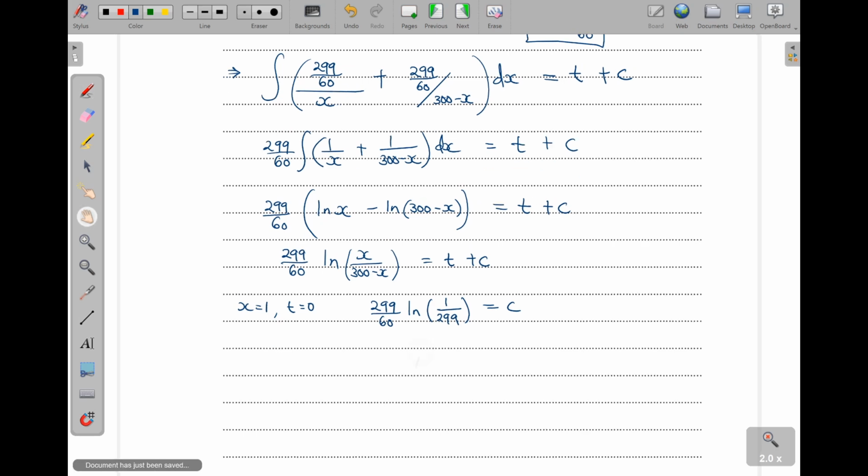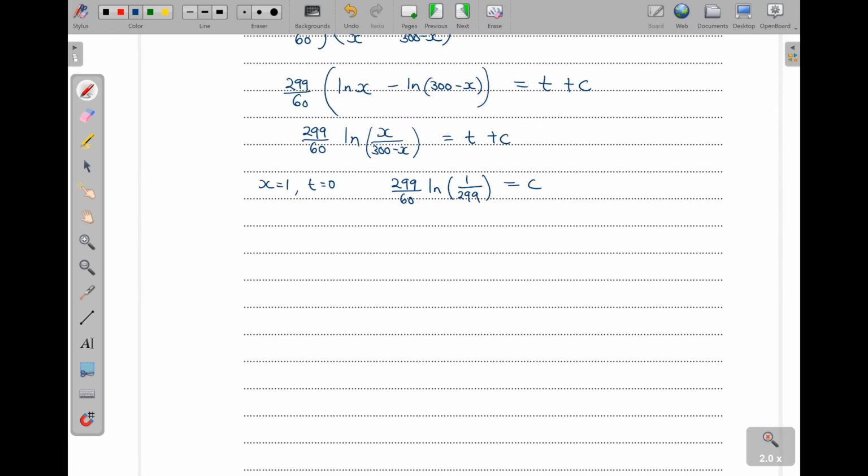You see? Now, that means my differential equation here is going to be 299 out of 60 natural log of x out of 300 minus x, and this one is equal to t, plus 299 out of 60, then the natural log of 1 over 299. That's what we are having there.